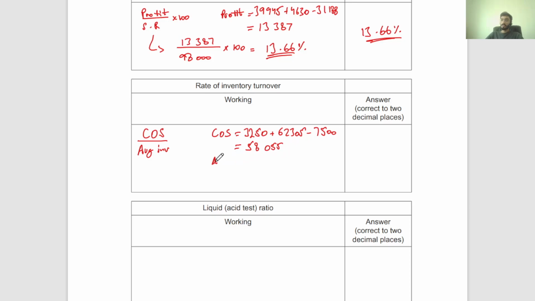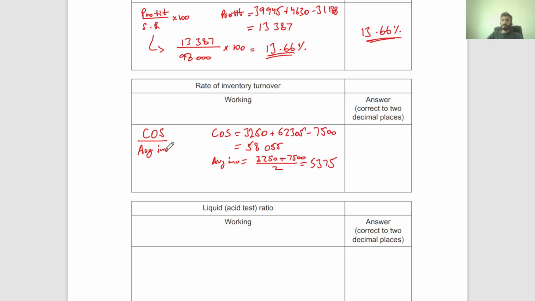What's the average inventory? Let's have a look. Average inventory, what you do is just add up your opening and closing inventory, which is 3250 plus 7500 divided by 2, which gives us 5375.